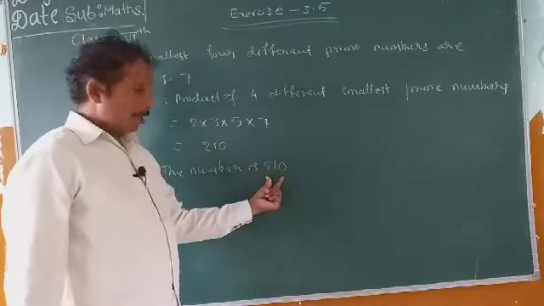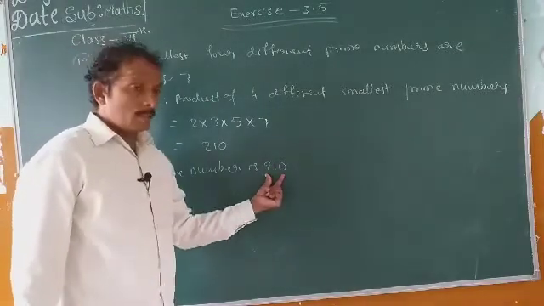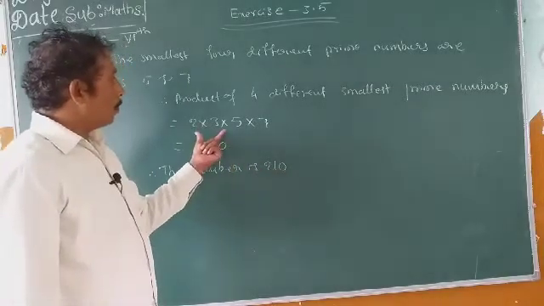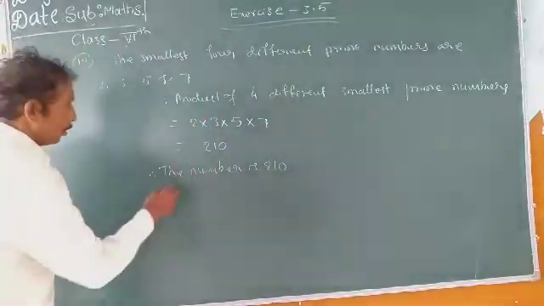210 is the smallest number which is the product of the smallest 4 different prime numbers.